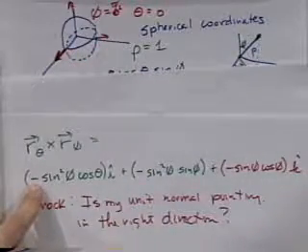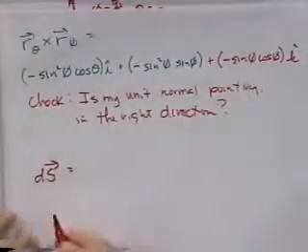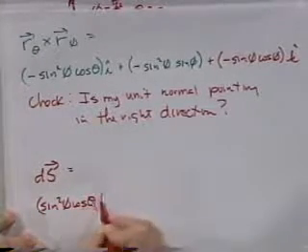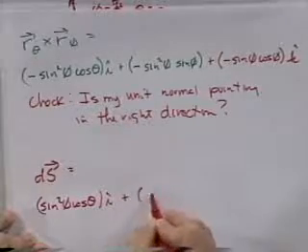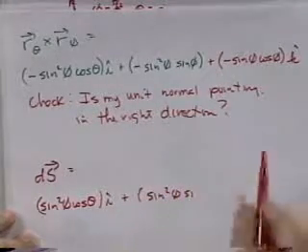So what do I have to do? I have to multiply by a negative. So my dS in reality is just going to multiply through by a negative. So it's going to be sine squared phi cosine theta i plus sine squared phi, oh, I messed up there. Let me look here.